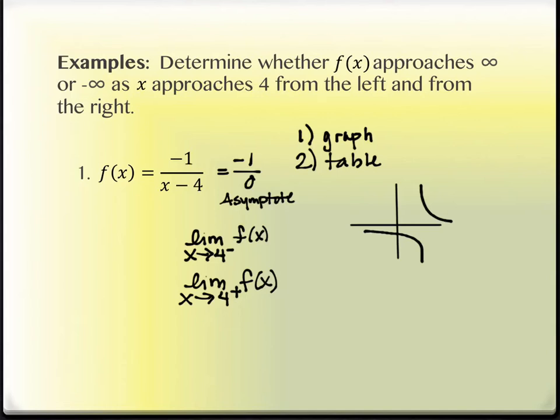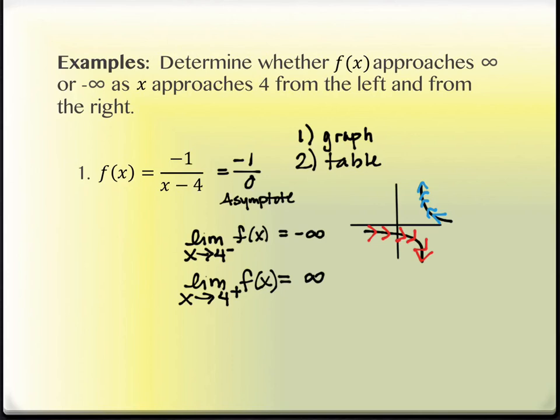So on my graph, from the left, I'm over here. What is the limit as we approach x from the left-hand side, the negative side? It's negative infinity, right? I'm tanking fast. And then if I approach x equals 4 from the right-hand side, what is it? Positive infinity. It's the blue parts.